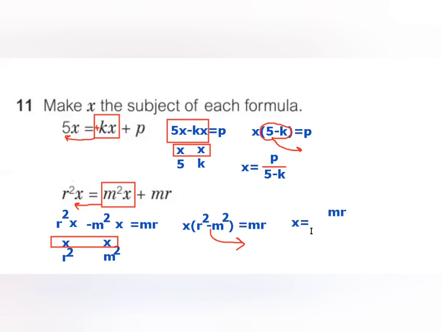Divided by r squared, very good, r squared minus m squared. I'm going to put a fraction line so we know that this is dividing. And this is the final answer for this question.